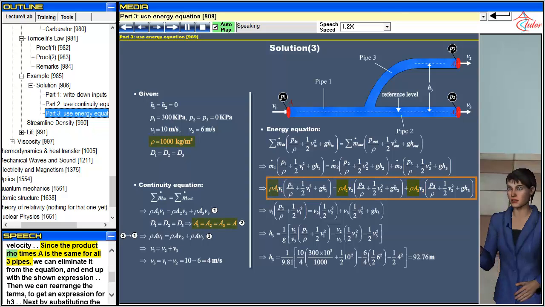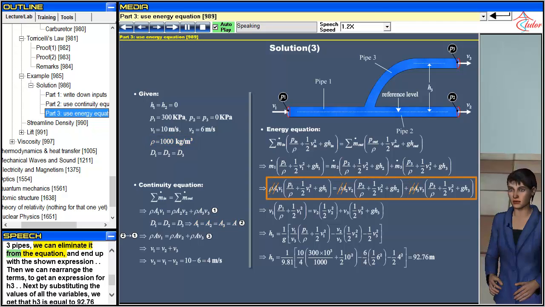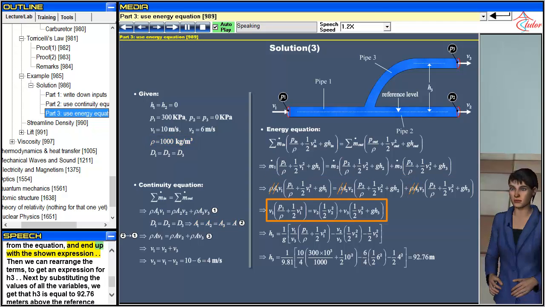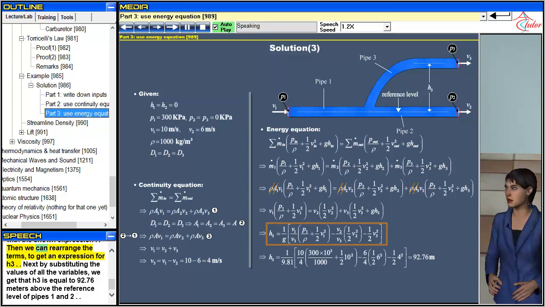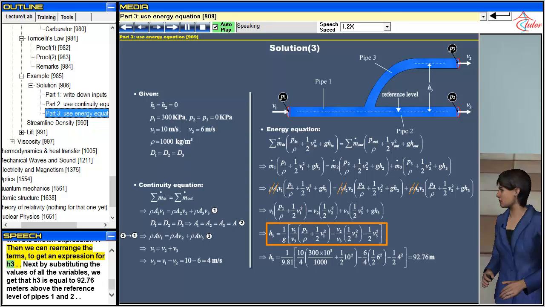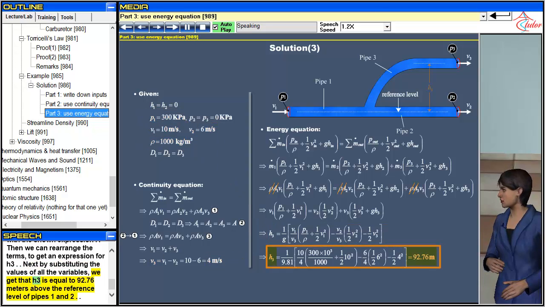Since the product ρ times A is the same for all three pipes, we can eliminate it from the equation and end up with the shown expression. Then we can rearrange the terms to get an expression for H3. Next, by substituting the values of all the variables, we get that H3 is equal to 92.76 meters above the reference level of pipes 1 and 2.